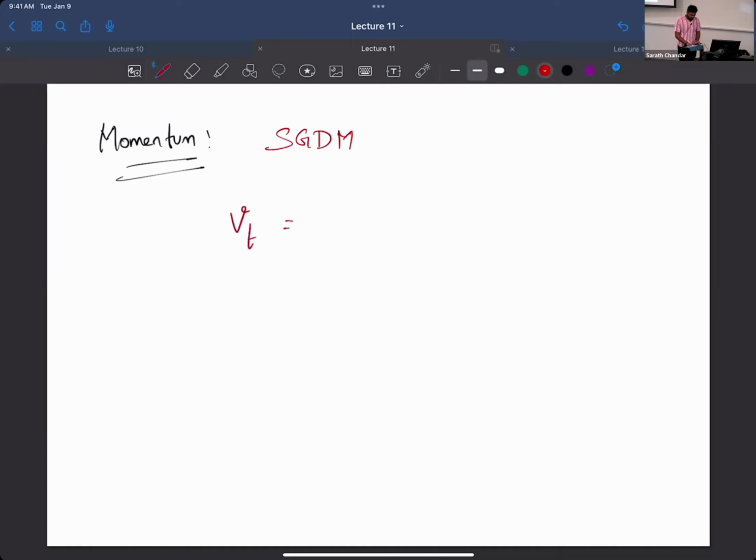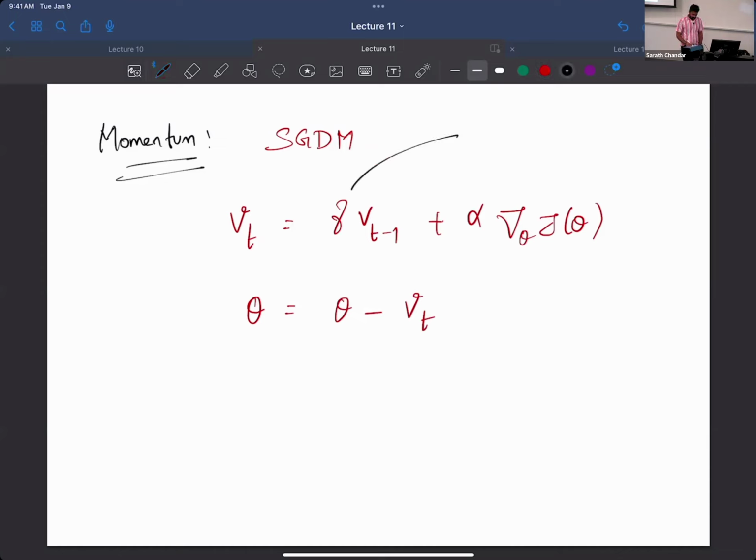Let's call that term VT. So VT is gamma times VT minus 1 plus alpha times the gradient. Now I'm going to do theta is equal to theta minus VT. Is it clear? This gamma that you see here is called the momentum coefficient.